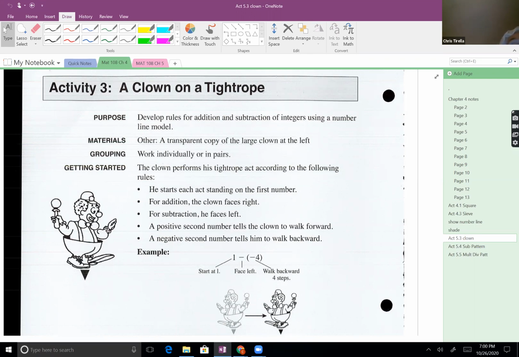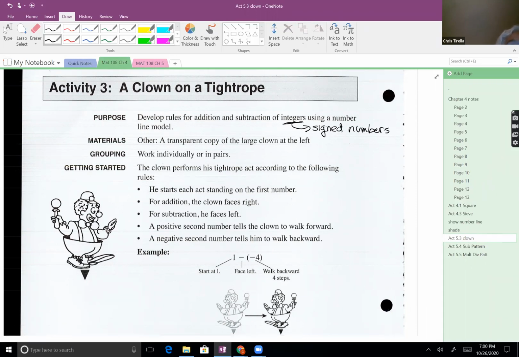We're going to develop rules for addition and subtraction of integers. By integers, we're referring to signed numbers, positives and negatives, using a number line model.